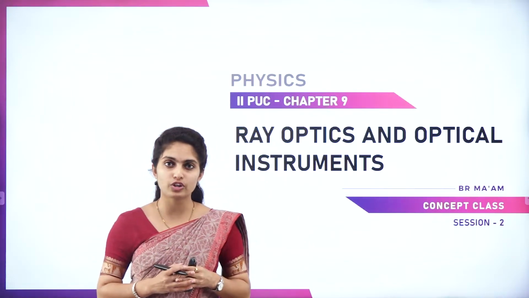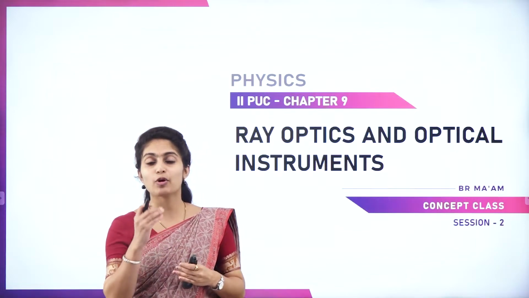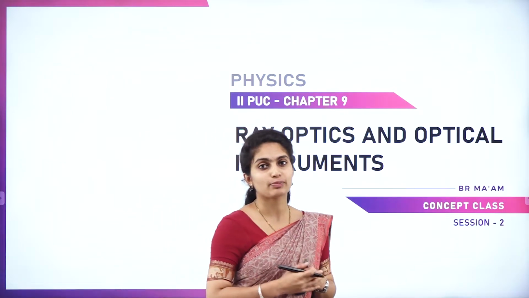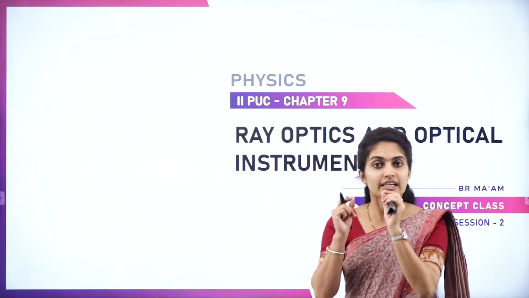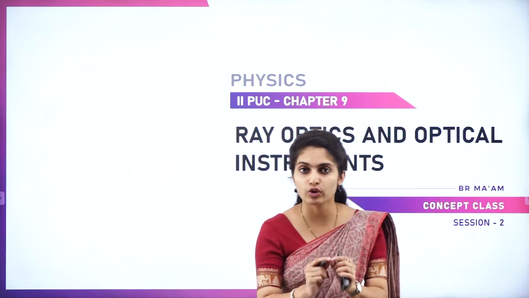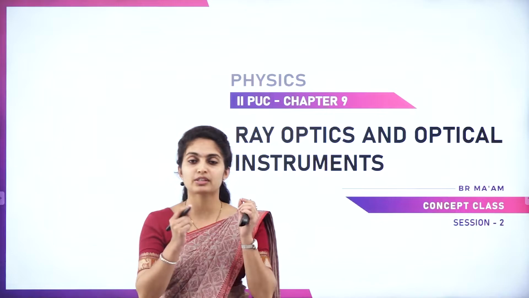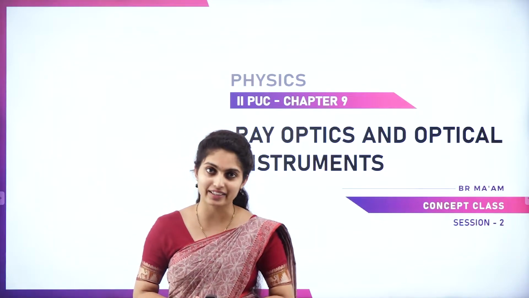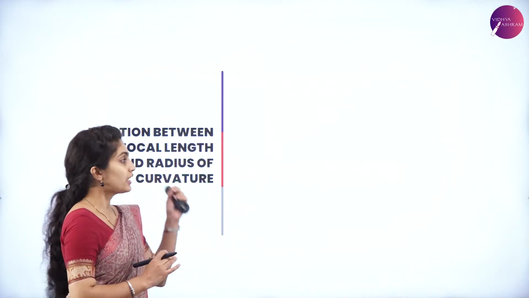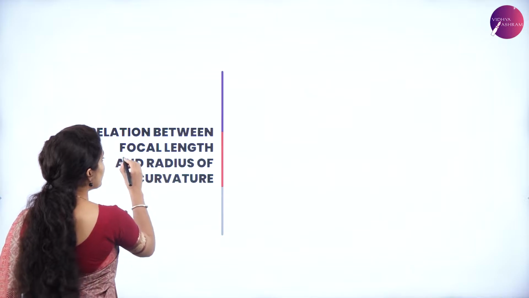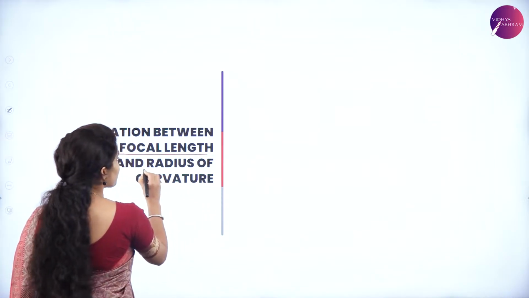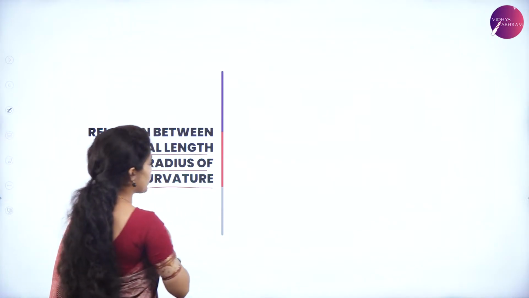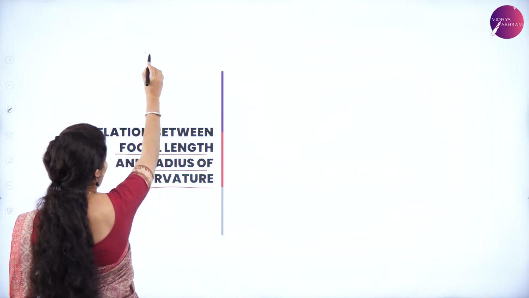Having all those concepts, we studied the components of the spherical mirror like pole, radius of curvature, focal length, focal plane, principal focus, principal axis. All these things were studied yesterday. So in today's class, we are going to study the relationship between two components, that is focal length and radius of curvature. So as you all know, you have a mirror.